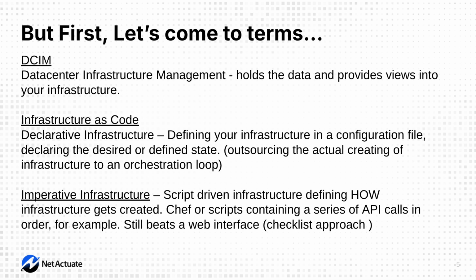There is also imperative infrastructure, which is script driven. It's like a recipe that Chef, an orchestration system, uses. Ansible is ultimately just a series of Python commands or API calls in order to configure a service. And it still beats a web interface, but it is just a checklist approach.